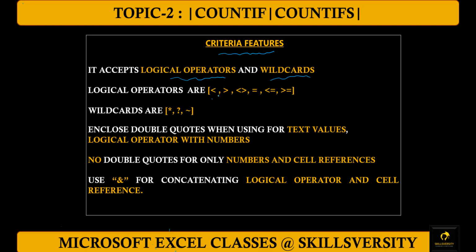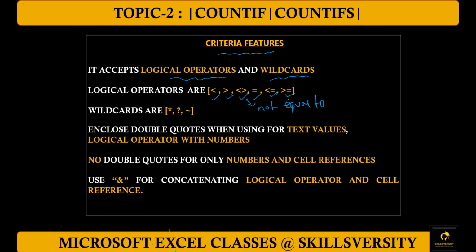We know, less than, greater than, not equal to, equal to. If you combine less than, greater than, it is not equal to. We have an example that I will show you when we jump into the IMDb dataset. Less than or equal to, greater than or equal to, all these are very well-known logical operators.